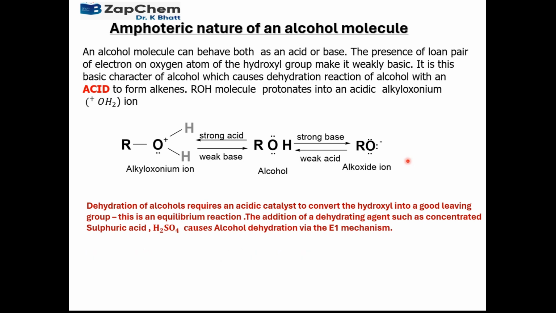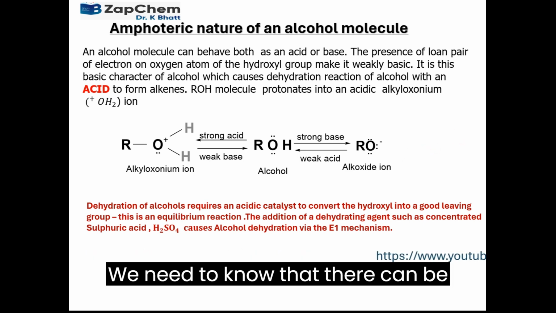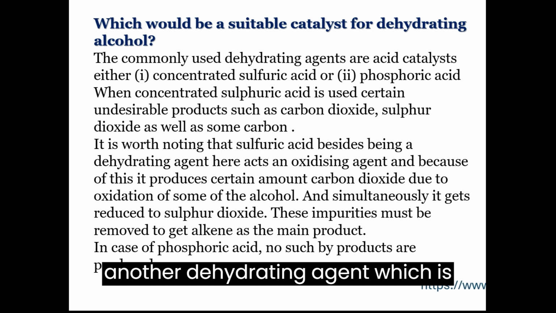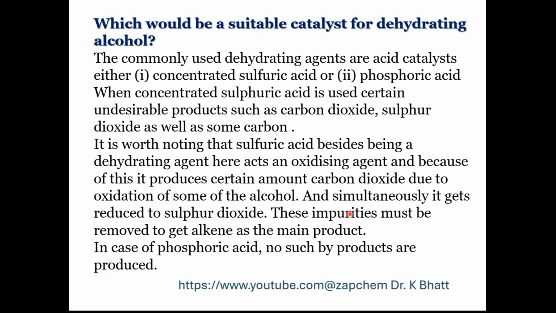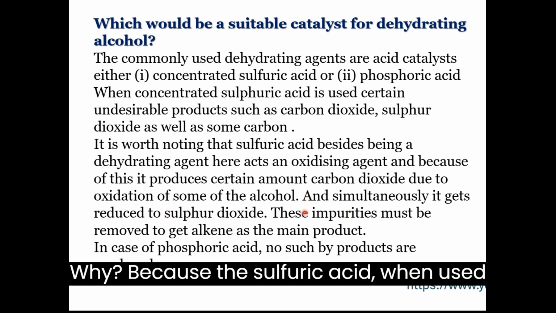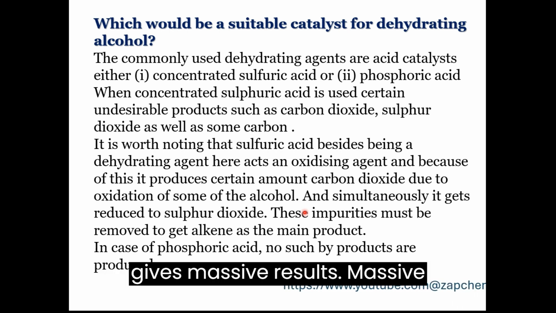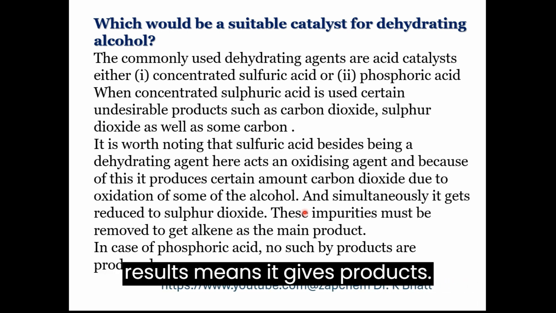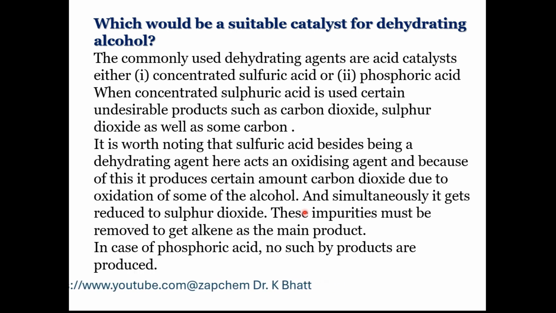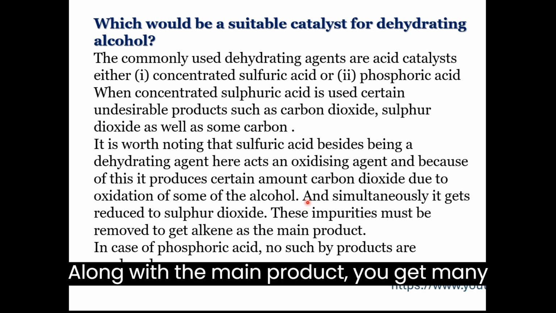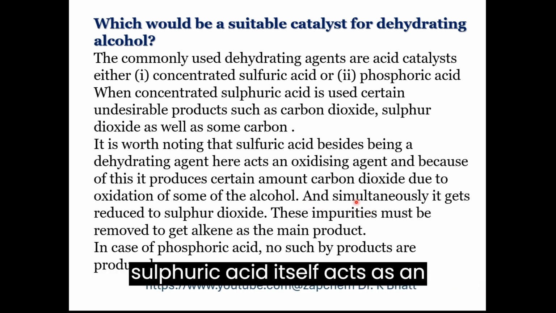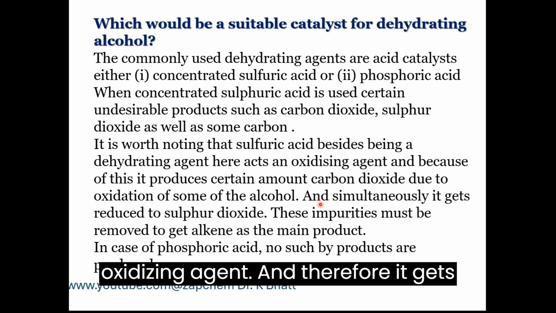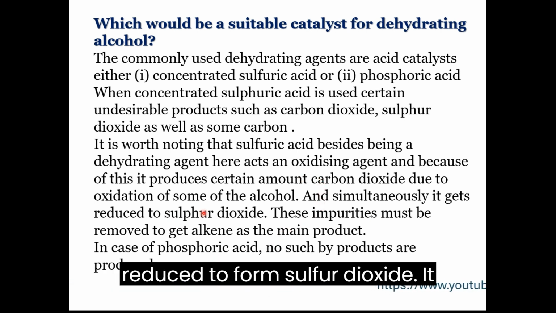But we need to know that there can be another dehydrating agent which is better than concentrated sulfuric acid. Why? Because the sulfuric acid, when used, gives messy results. Messy results means it gives products along with the main product, you get many other products as impurities, because sulfuric acid itself acts as an oxidizing agent and therefore it gets reduced to form sulfur dioxide.